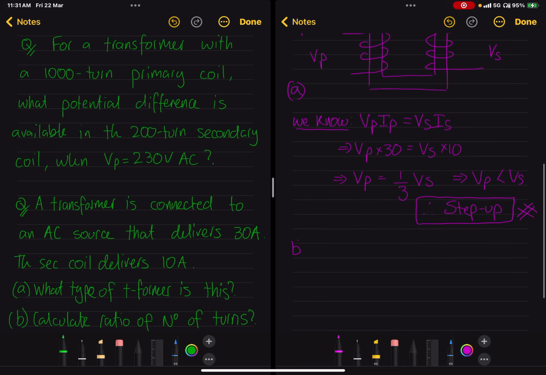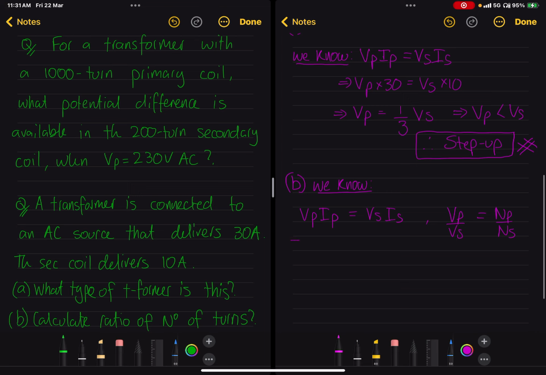Now for part B, we're told to calculate the ratio of the number of turns. Well, now we need to use both of our transformer rules. So we know that Vp Ip is equal to Vs Is. We also know that Vp on Vs is equal to Np on Ns.